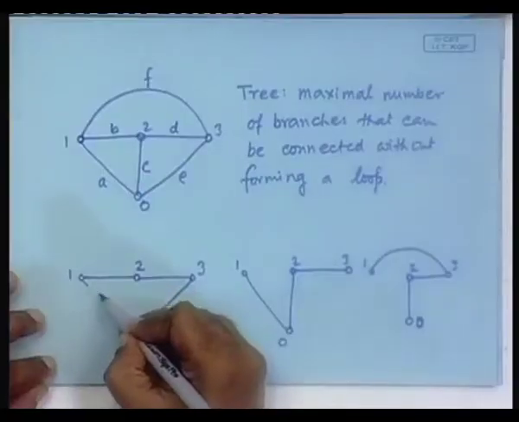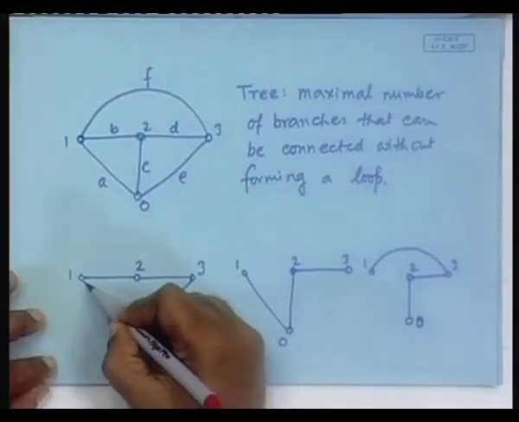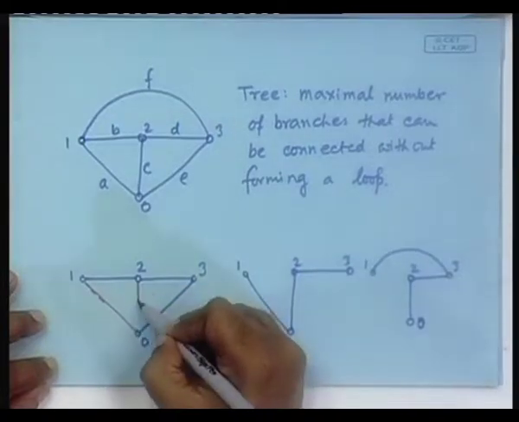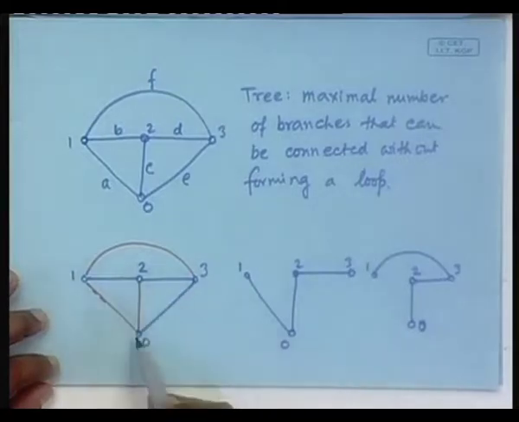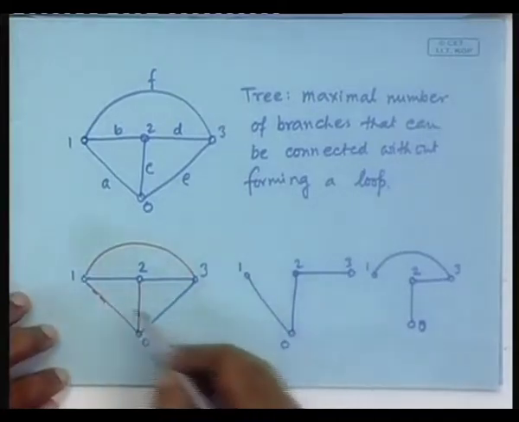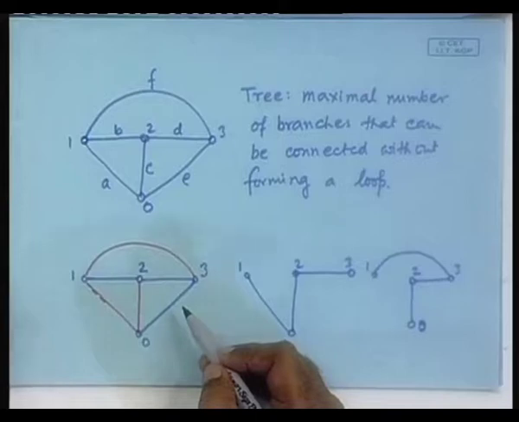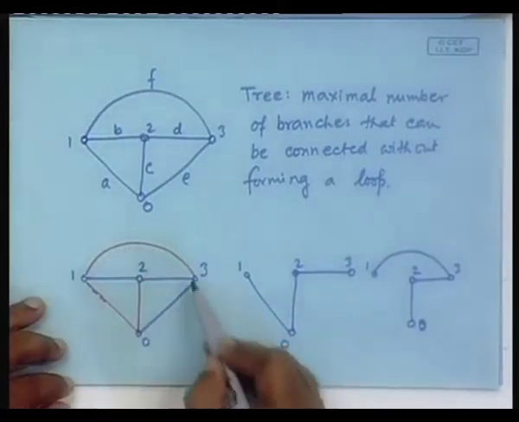What remains if you have connected a tree? The rest of the things remain. For example, if I draw in a different color, this is what was remaining, this is what was remaining and this is what was remaining. So, the blue ones connect the tree and the red ones are the co-tree. So, the things that remain after you have identified the tree, they are the branches of the co-tree.